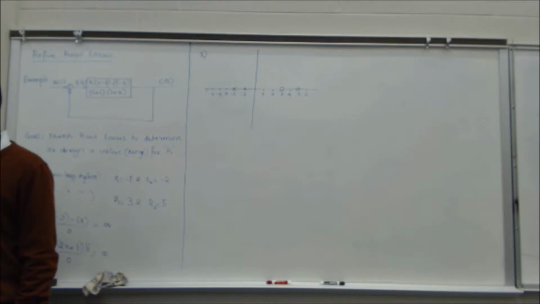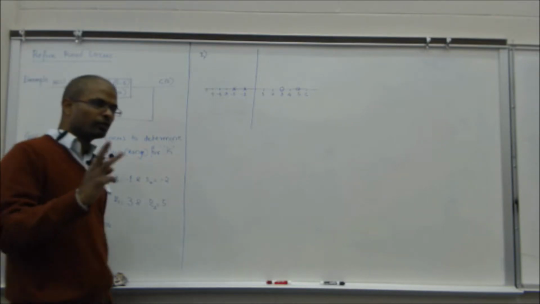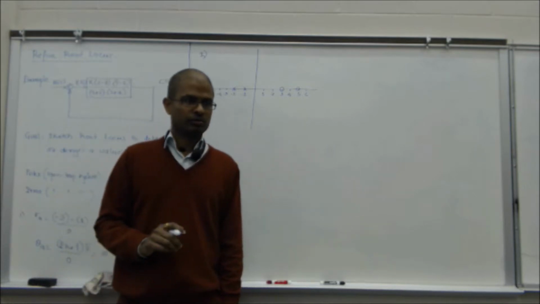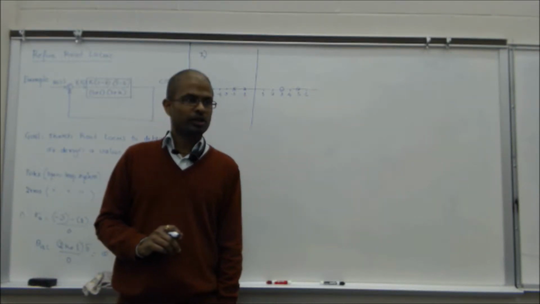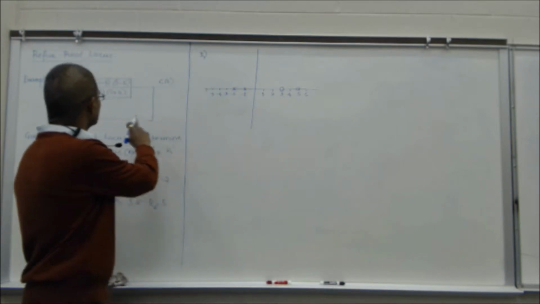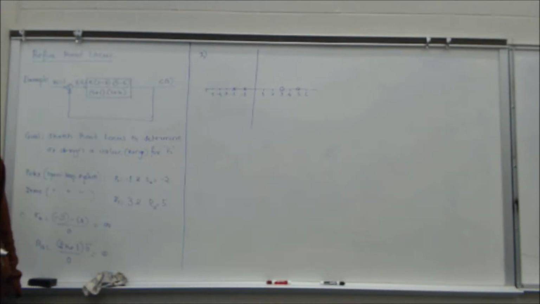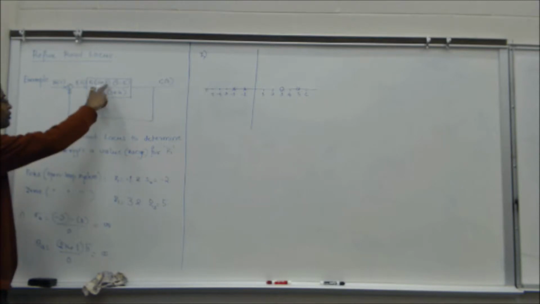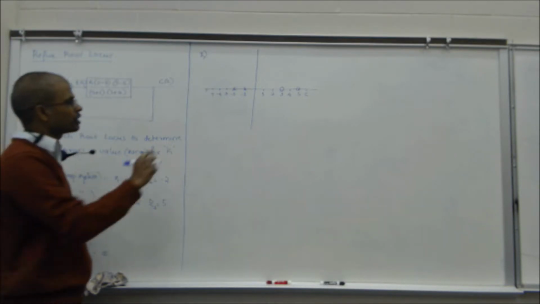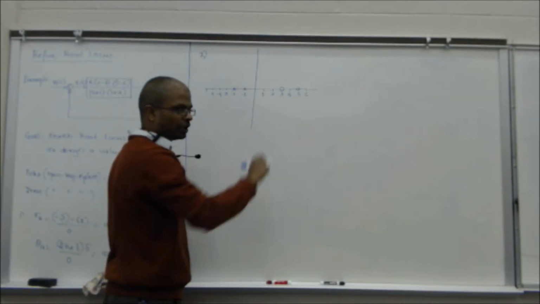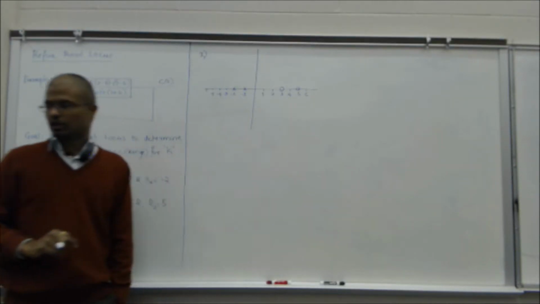So you have 1 zero and 4 poles. That means you need 3 more infinite zeros. But in this case, you don't need infinite zeros. You have 2 poles, you have 2 zeros. So what you can do is you can start with 1 pole and end at the other.